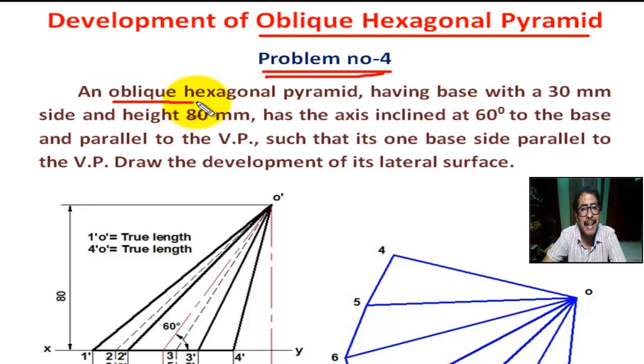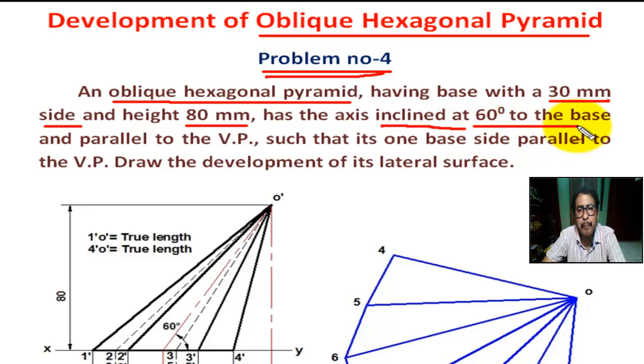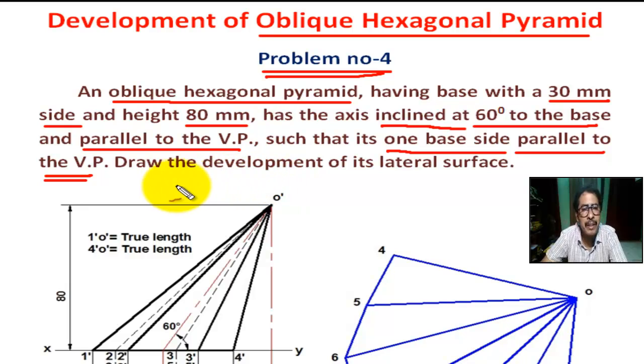An oblique hexagonal pyramid having base with a 30 mm side and height 80 mm has the axis inclined at 60 degree to the HP and parallel to the VP, such that its one base side is parallel to VP.